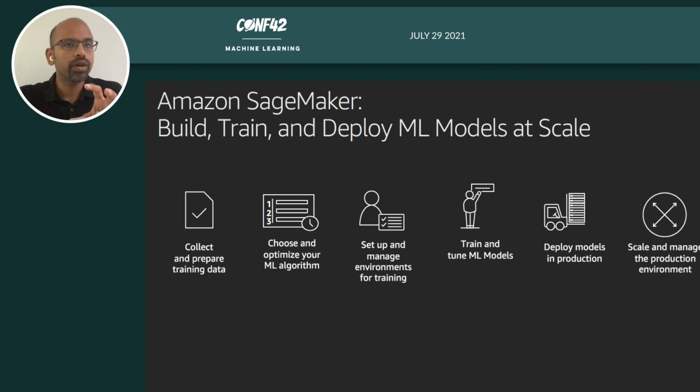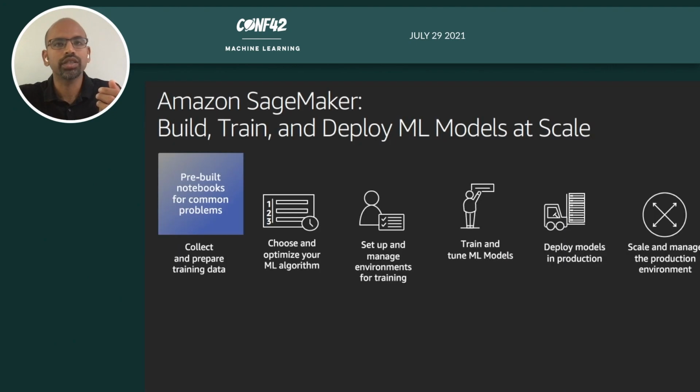With a bunch of Python code, you will be able to build your model, train your model, validate your model, and deploy it. And of course, as part of today's demo, we will show you how it is done. But that's how easy it is to get going in SageMaker.